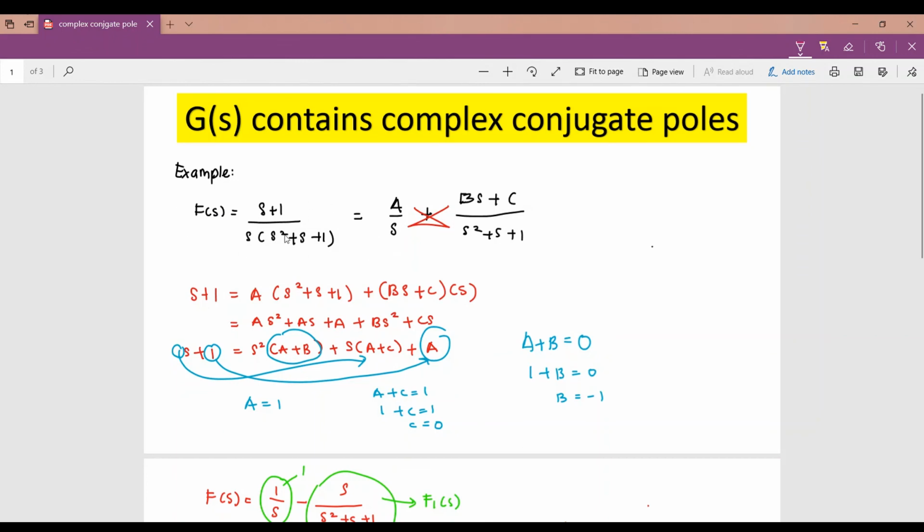So the third criteria, where S contains complex conjugate poles, is more complicated compared to the multiple pole and distinct pole, right? That's all the three criteria of poles to do an inverse Laplace transform.